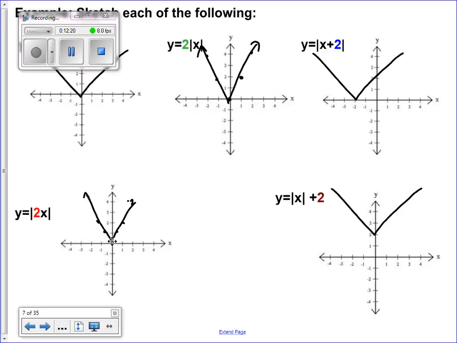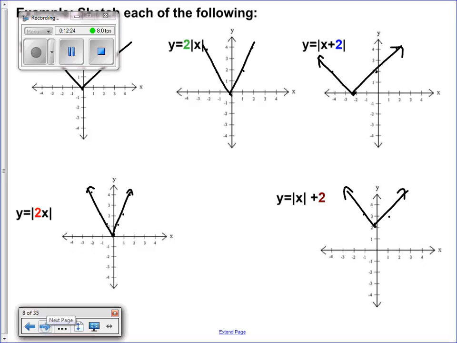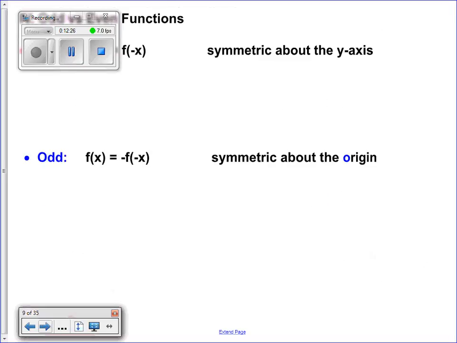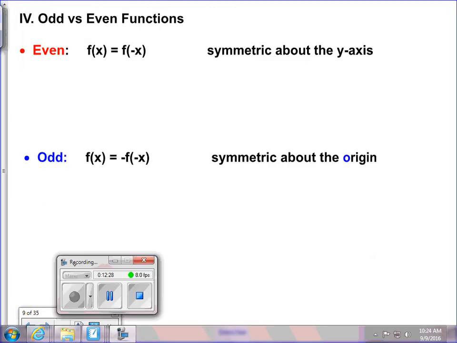Moving on. Odd and even time, right? Remember how to tell if a function is odd or even. You plug negative x in for x, right?